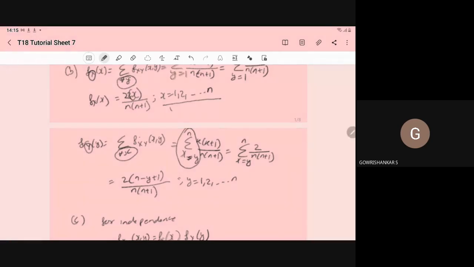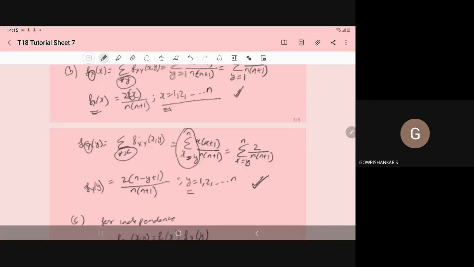Now this is the density of the random variable y, and that's why we have to write the limit of y. Here we have the density for the random variable x, so here we have written the range of x. In this way, we have computed the marginal density for y, and here the marginal density of x.